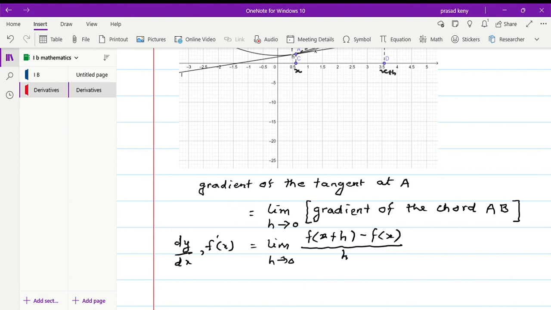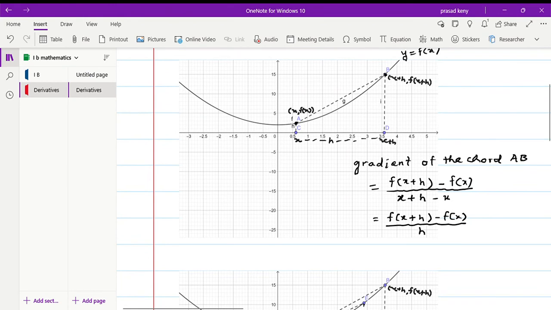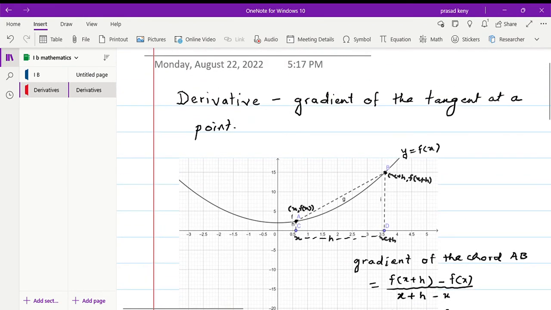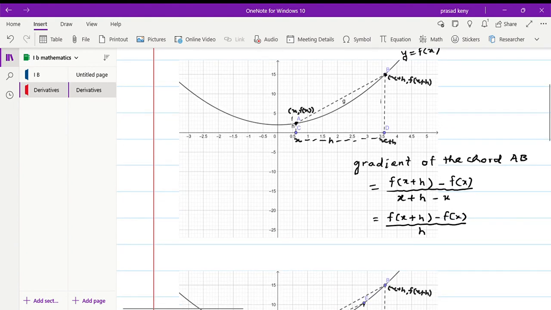So let me just go through this concept once again. So first of all, AB is the chord, and coordinates of A are x and f(x). Coordinates of B are x plus h, f(x plus h). So gradient of the chord will be f(x plus h) minus f(x) upon h. That is the difference in y coordinates upon difference in x coordinates.